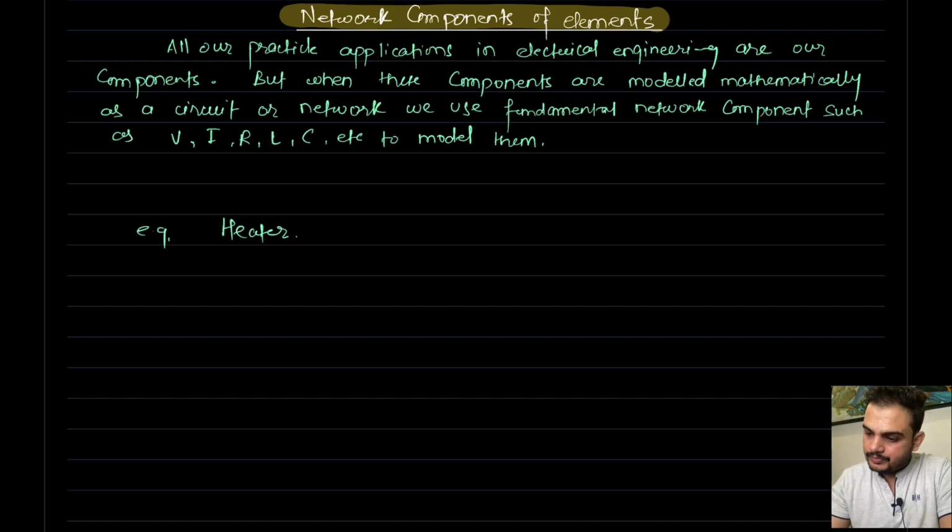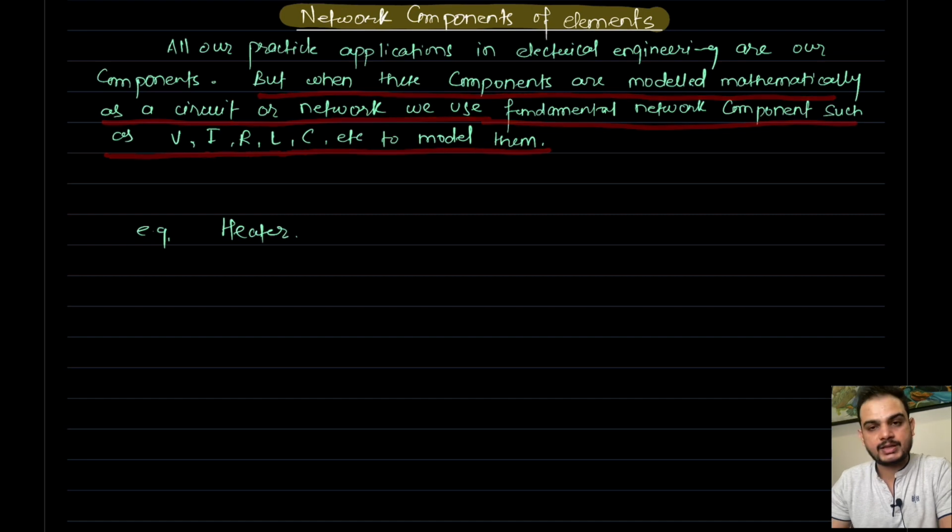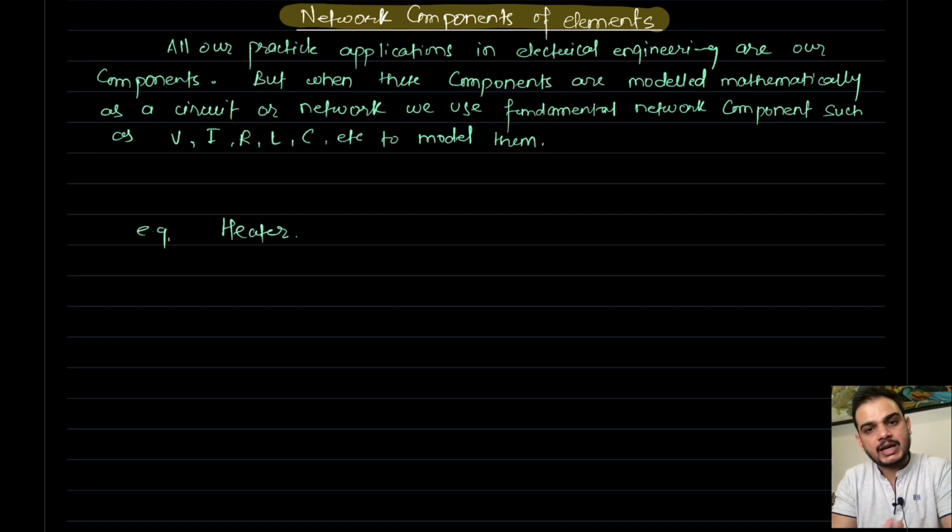Now the next statement: when these components are modeled mathematically as a circuit or a network, we use fundamental network components such as voltage, current, resistor, inductor, capacitor, etc. to model them. You take any electrical application, like an electrical heater or a ceiling fan.